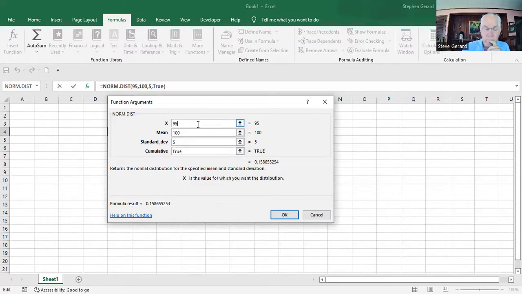So let me do 94, which means I get any number up to and including 94. So look at the probability that I'd score less than Jim. A score of 94 or less, with a mean of 100 and standard deviation of 5, cumulative, the probability of that is about 11.5%. That's how I end up using these things in this process.